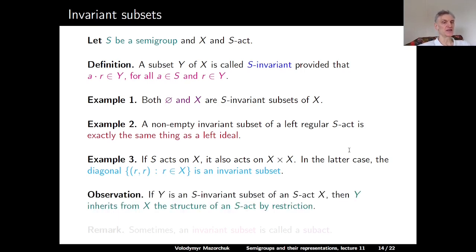We observe that if Y is an S-invariant subset of an S-act X, then Y inherits from X the structure of an S-act by restriction. And also sometimes an invariant subset is called a sub-act.